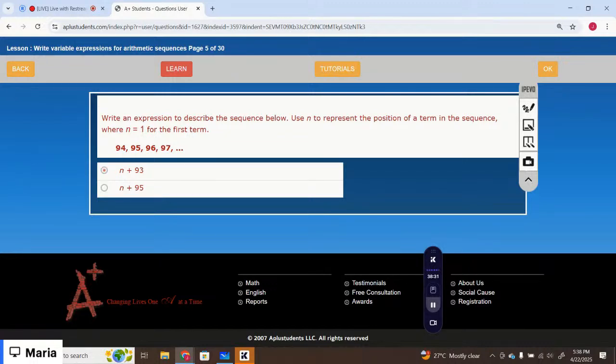Option number 1 is the correct option. That is n plus 33.